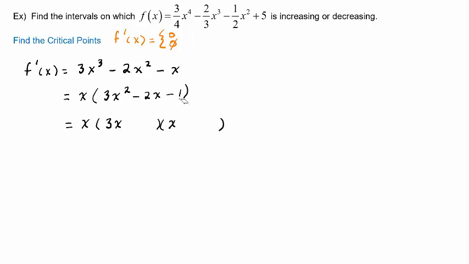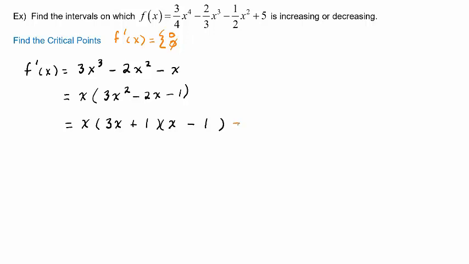Now the way to get 1 is we're going to put a 1 and a 1, and then we just have to get the signs right, because we know 1 will be positive and 1 will be negative. We need a minus 2x here in the middle, so that means we need 3x to multiply a negative 1 and the x to multiply a positive 1, so our factoring is 3x plus 1 times x minus 1.